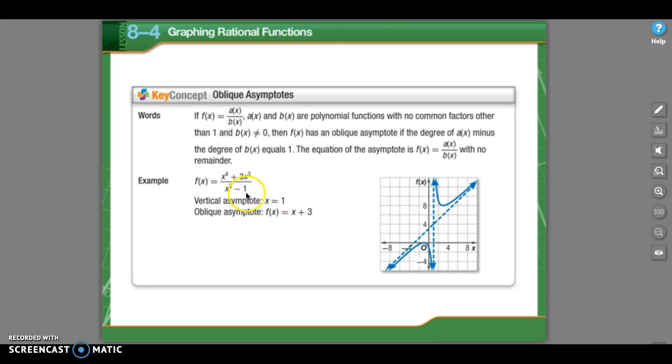But basically what you want to do, let me see if I can do some long division for this problem.